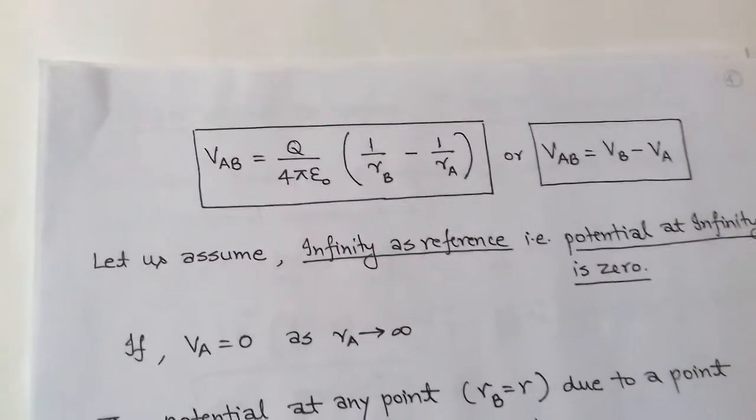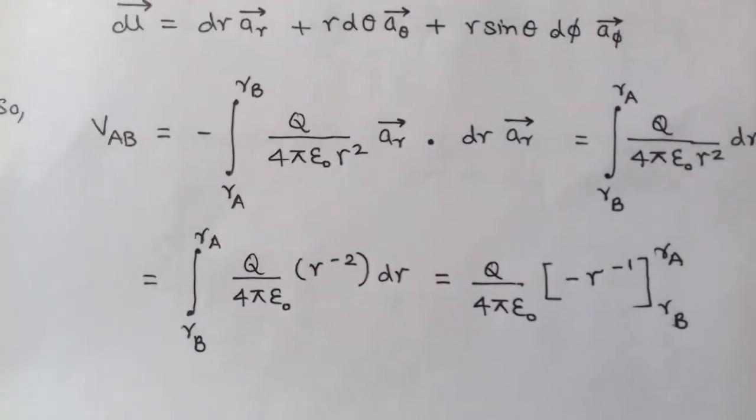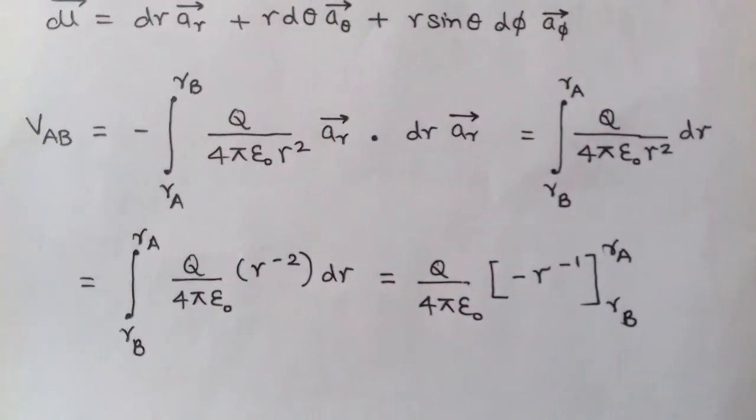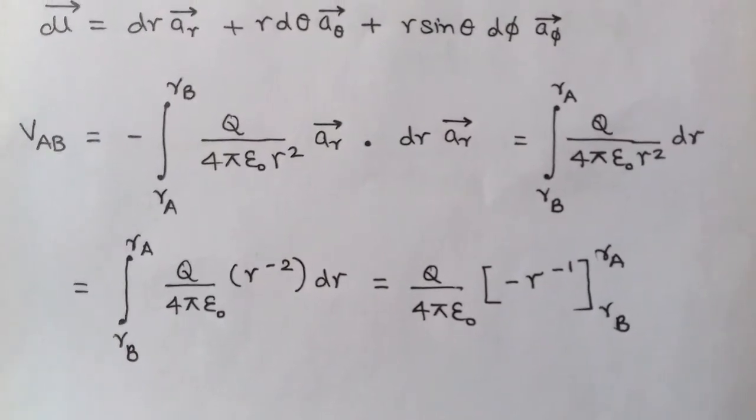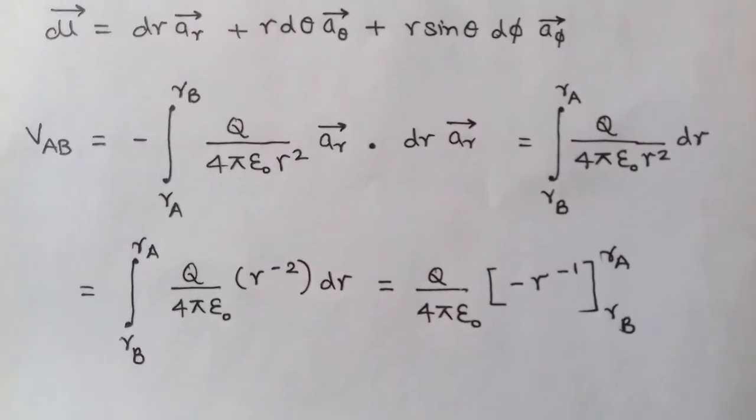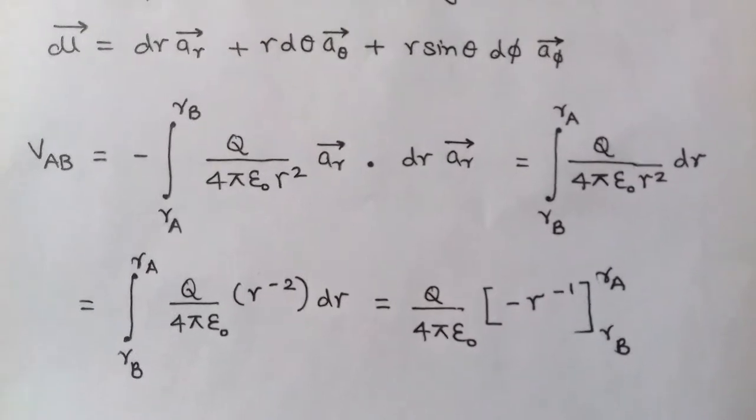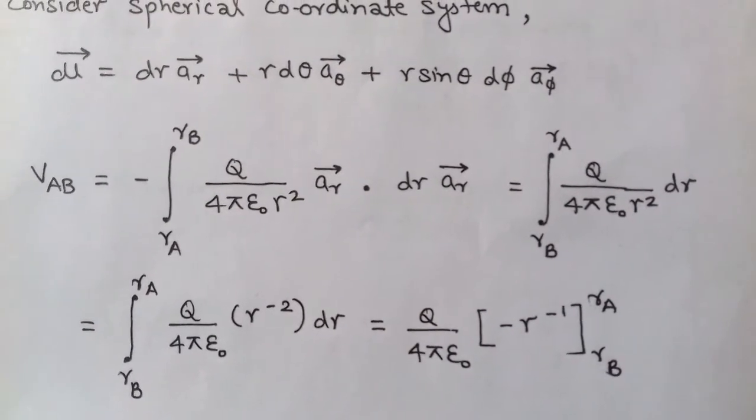Now here we take the minus sign, and the limit is from RA to RB. RA is the position vector of point A and RB is the position vector of point B, that is, initial to final.